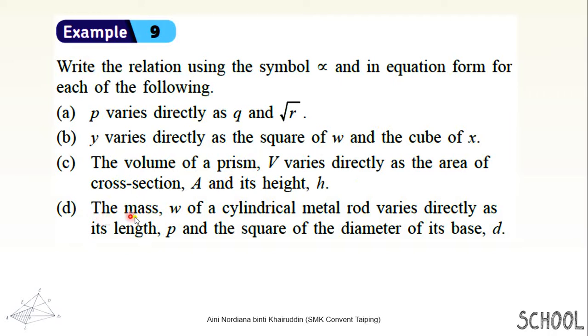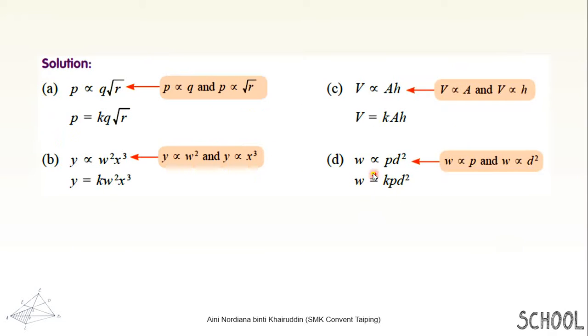Question D. The mass W of a cylindrical metal rod varies directly as its length L and the square of the diameter of base D. So this is the variation form: W varies jointly as L and D squared. And then this is the equation form. This is the same way as direct variation with two variables. This one is for three variables.